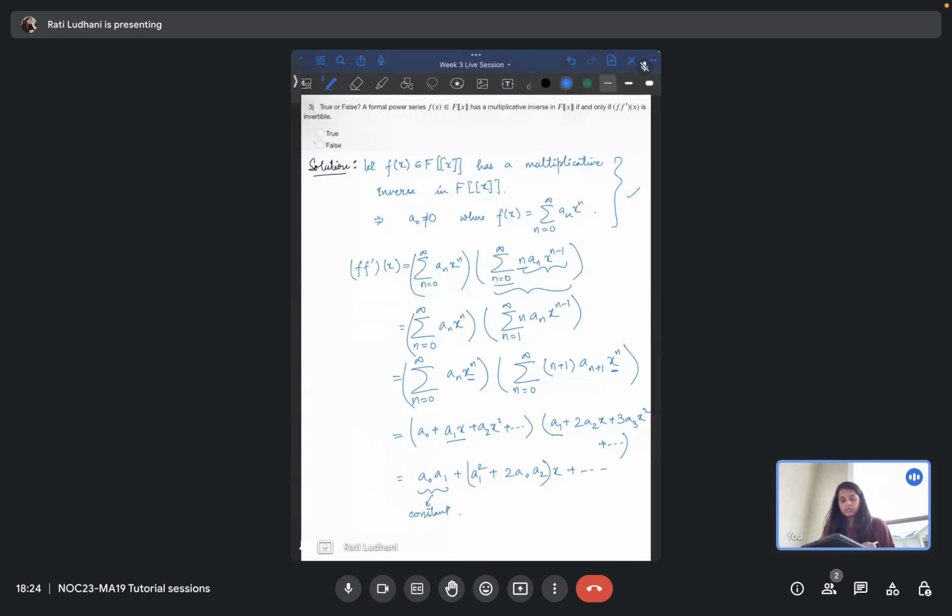Now for invertibility we should have the constant term to be non-zero. So let's see, now f(x) is invertible, then a0 is not equal to 0.